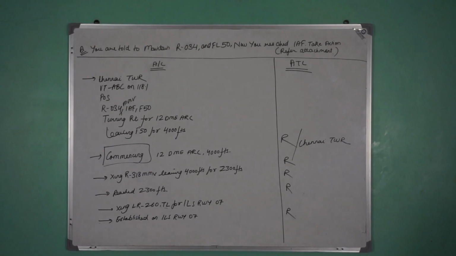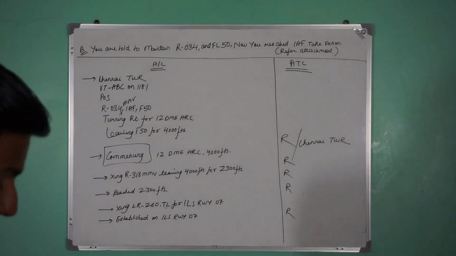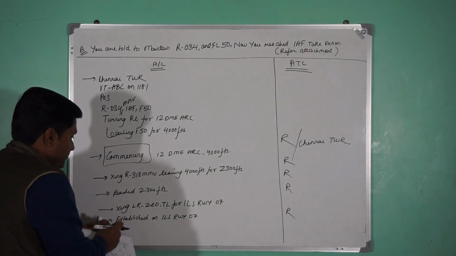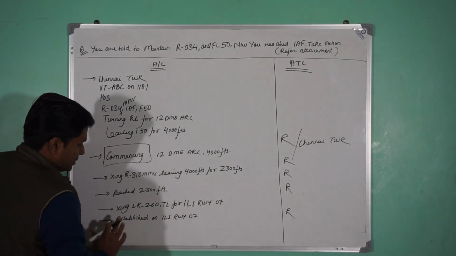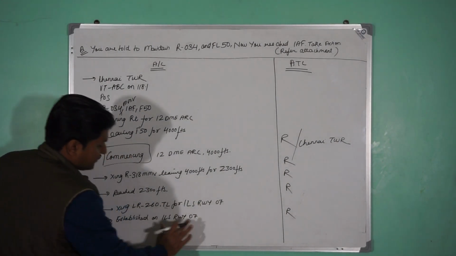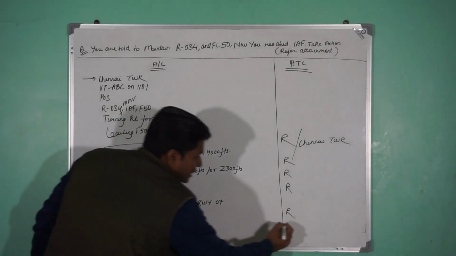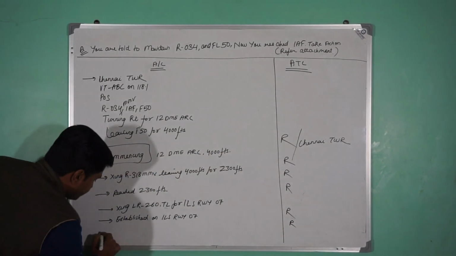So it is like this. In our case, it is not there, so I am not going to take care of this. I have just said turning left, and then I told that I am established on ILS runway 07. Then again I will get the Roger.